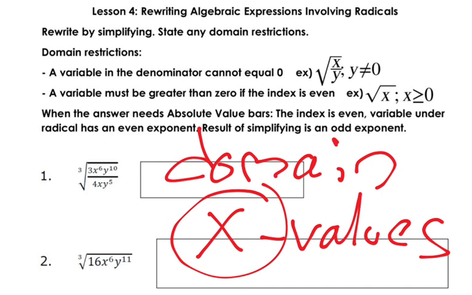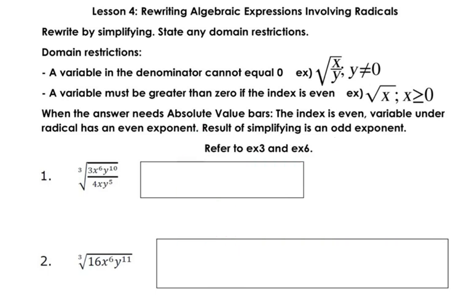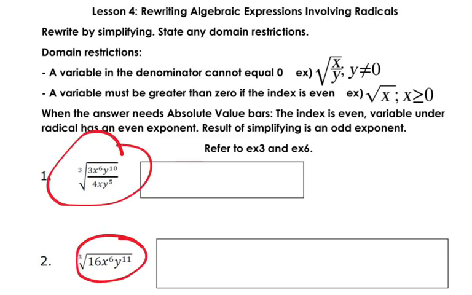The domain restriction rules are the primary concepts with this lesson, meaning that if you are not comfortable with simplifying radicals in general, or power over root, the exponent laws, knowing your perfect squares and your perfect cubes and your perfect fourths, you're going to feel fairly lost throughout these examples, because the whole simplifying process of what we're about to go through has already been discussed in previous videos.